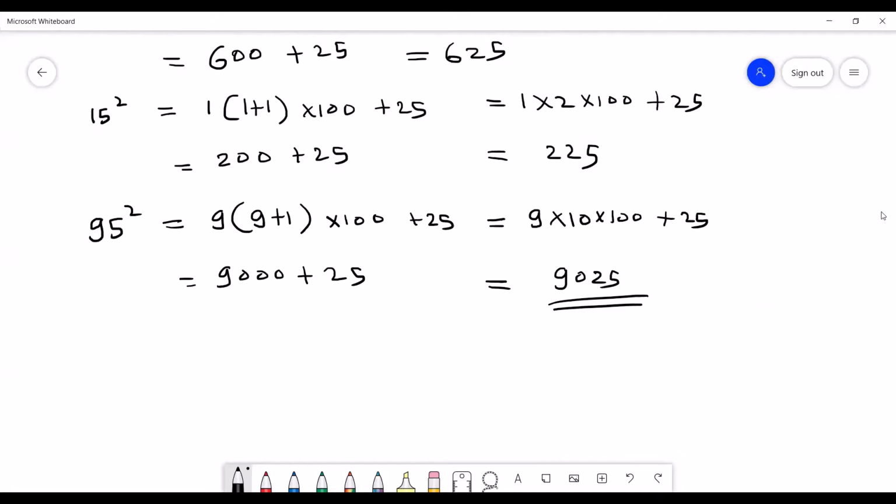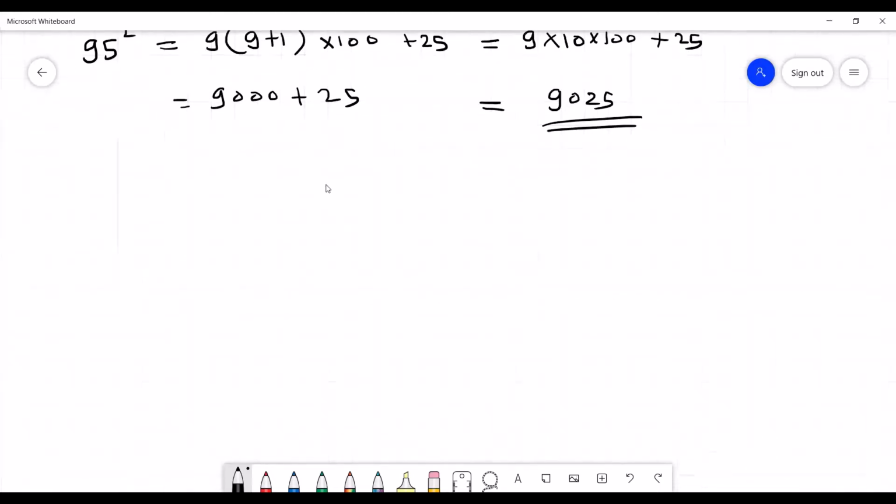Now let us come to Pythagorean triplets.